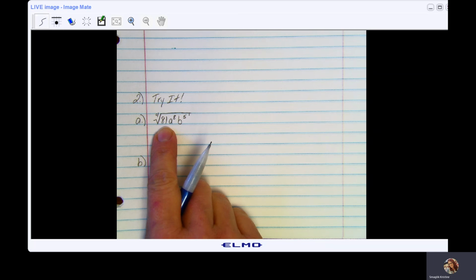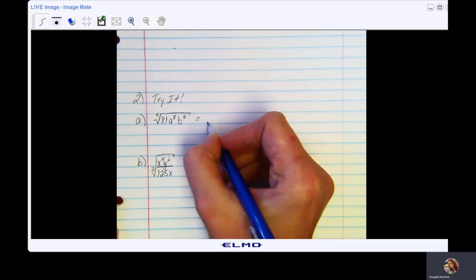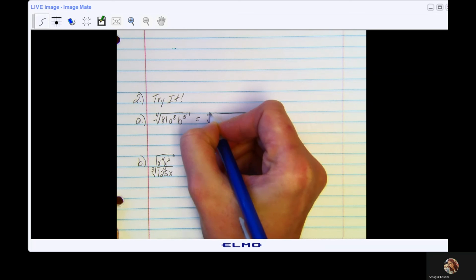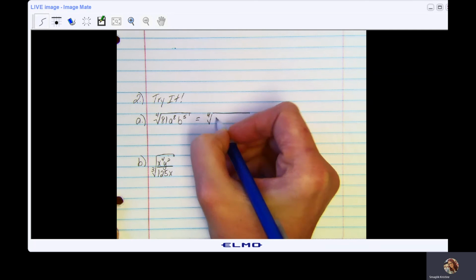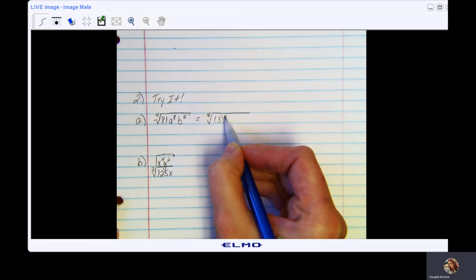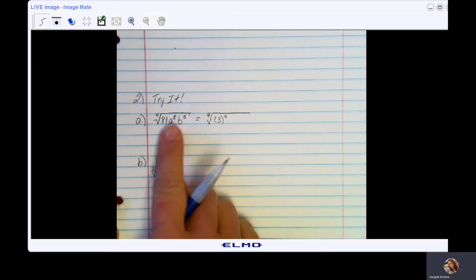Different calculators have different ways to do this. But 3 to the 4th power is 81. So I'm going to rewrite that. 81 is 3 raised to the 4th power. And again, you're trying to get an exponent of 4, something that matches whatever your index is.